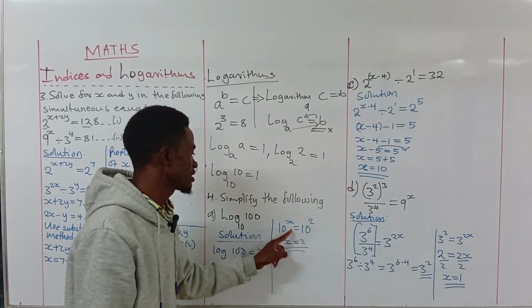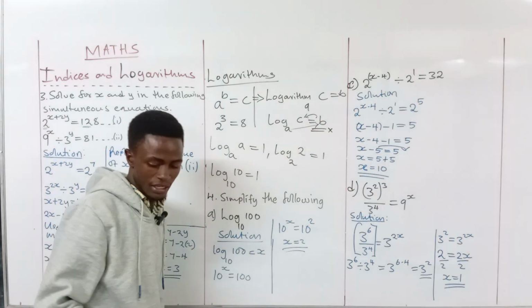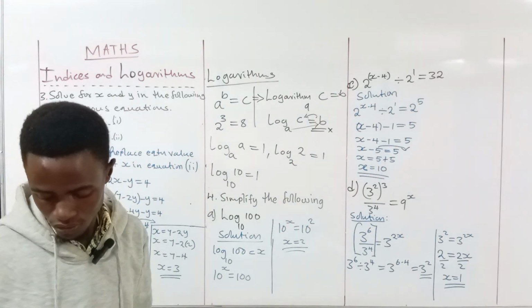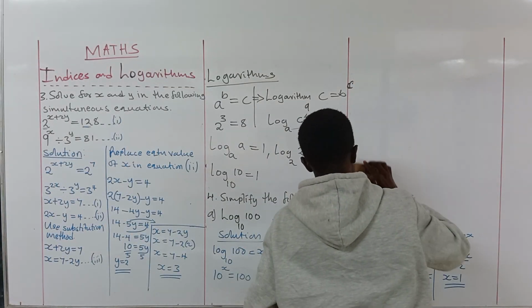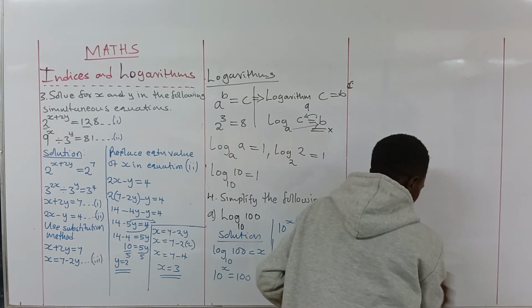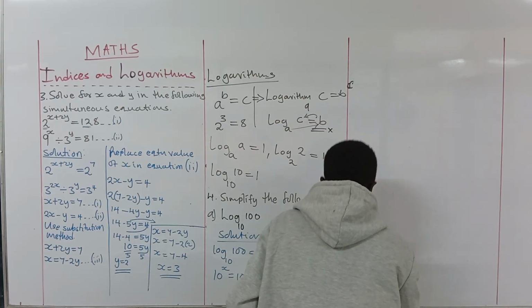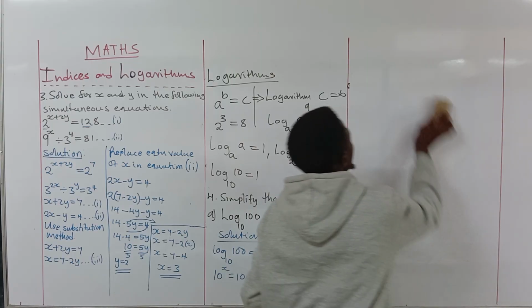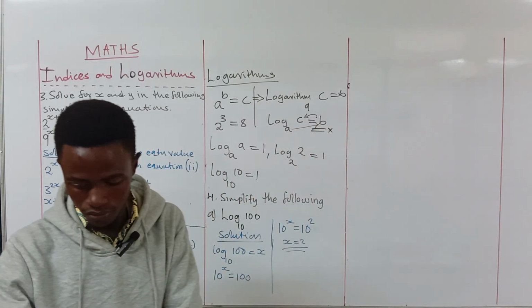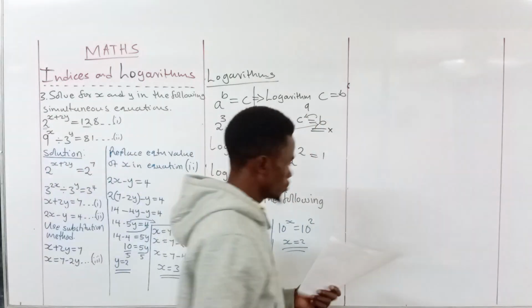Because there is an equality sign here, we are going to equate, and our value of x is going to be 2.